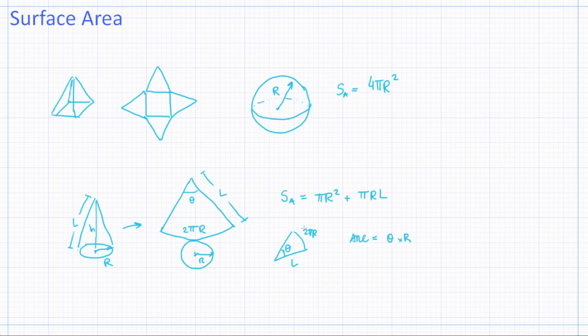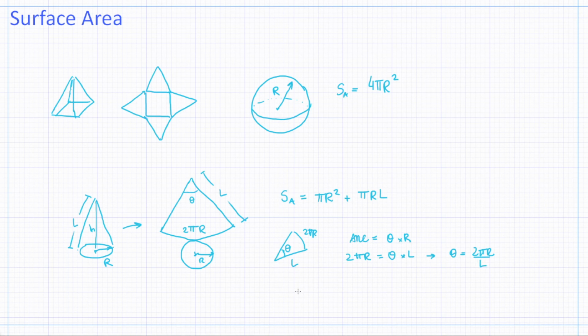So if we apply this logic here, we would have 2 pi r is theta, which we don't know and we don't want to know, multiplied by this L. Okay, those would be unknowns which are not in this problem here. R here has a different meaning. Now if I rearrange this, I would have theta equals 2 pi r over L.